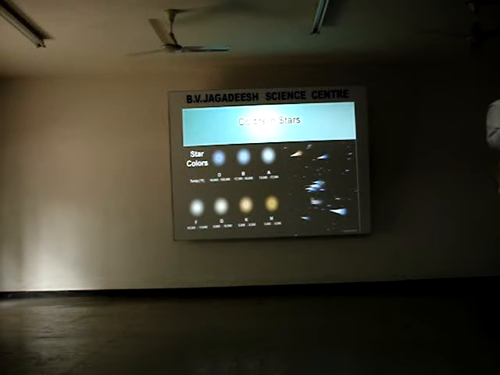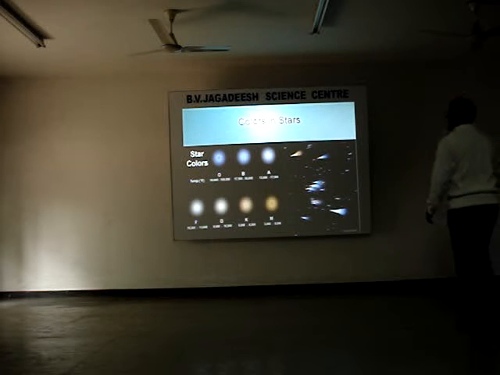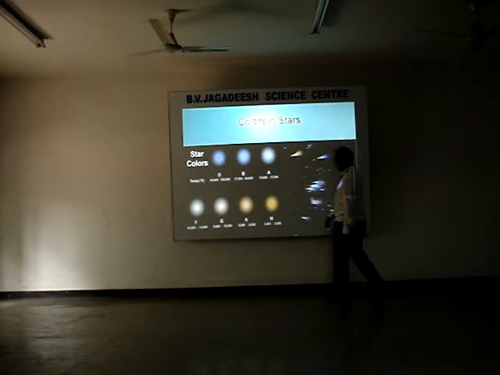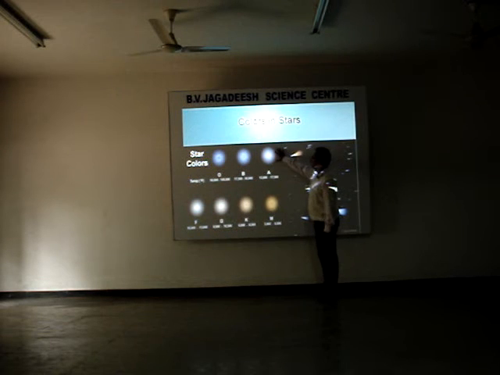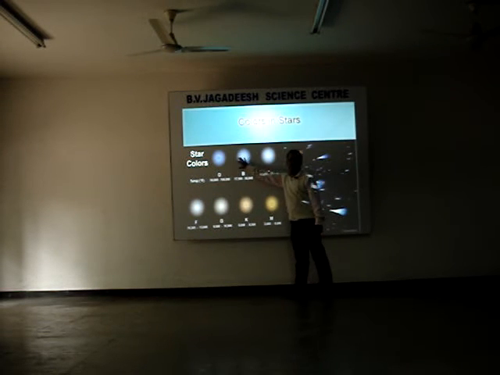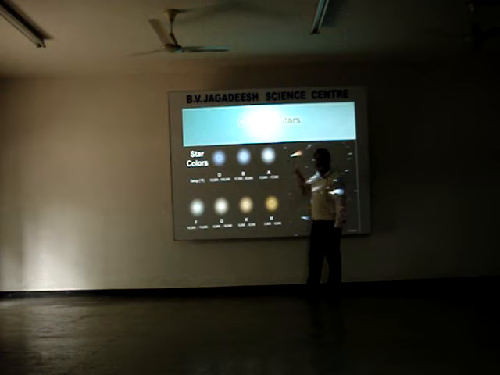As you get higher in surface temperature, the color changes, wherein you get white at 10,000 to about 8,500 and bluish at 700. So you have different colors in stars only due to surface temperature differences.